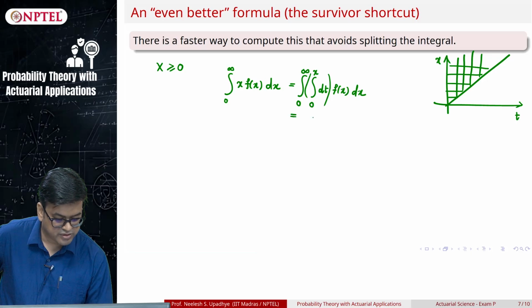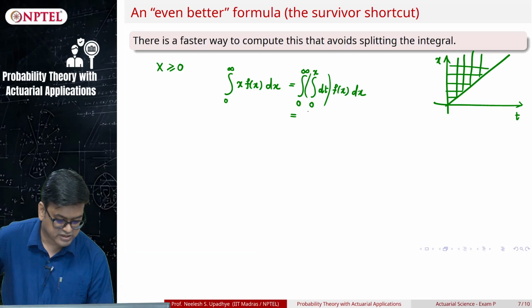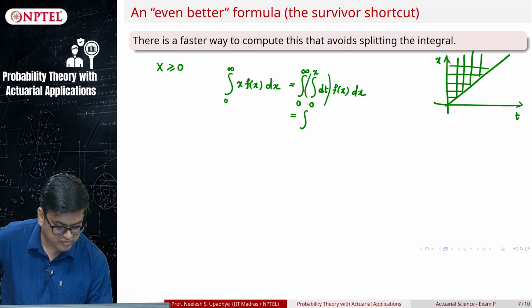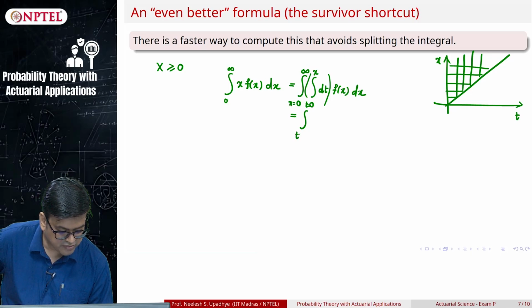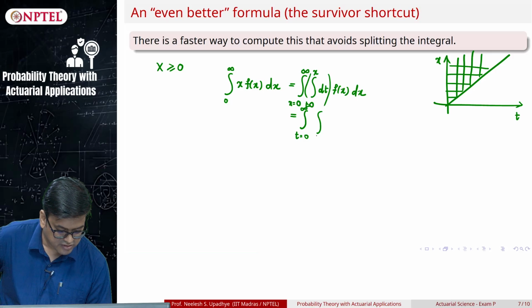So I will swap the order of integration. The t, which was from 0 to x, with x from 0 to infinity, now t will come out and go from 0 to infinity, and x will go from t to infinity of fx dx.